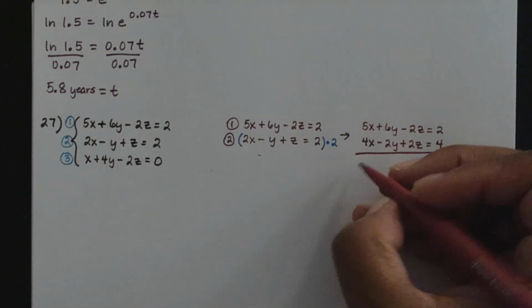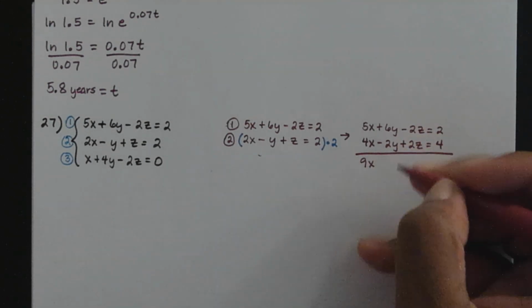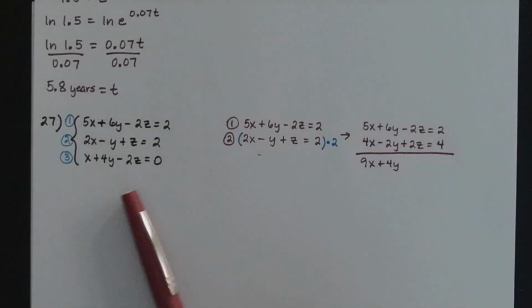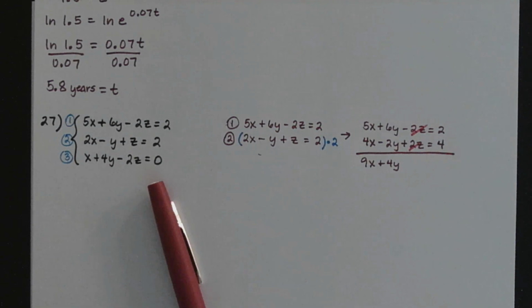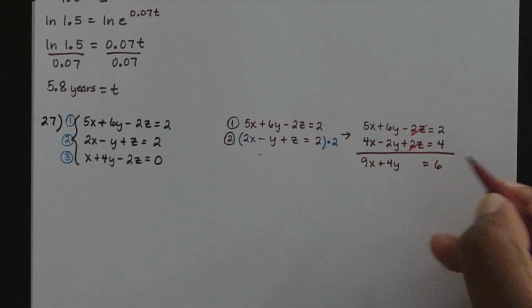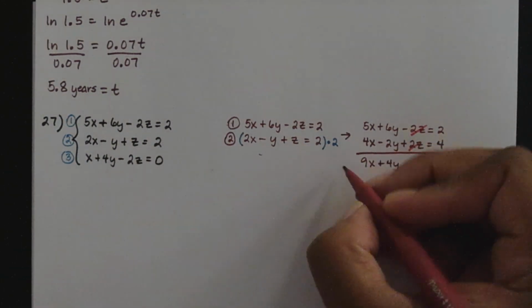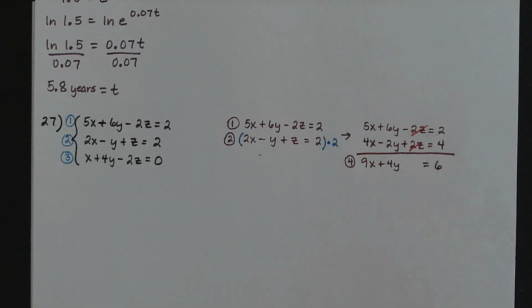So 5x and 4x, that's going to be 9x. 6y minus 2y will be a plus 4y. The 2z's add to 0, minus 2z and plus 2z, equals 2 plus 4, that's going to be 6. So that 9x plus 4y equal to 6 represents equation 4. I'm going to label that as equation 4.